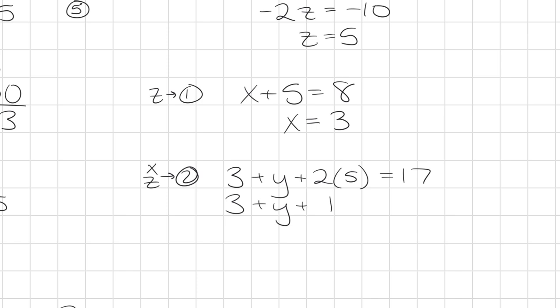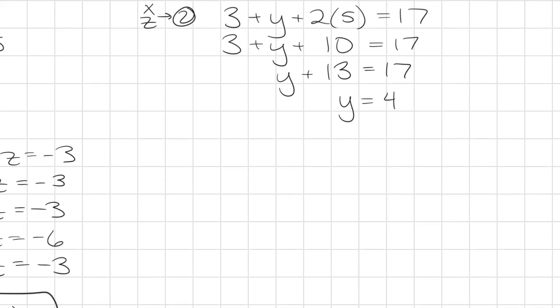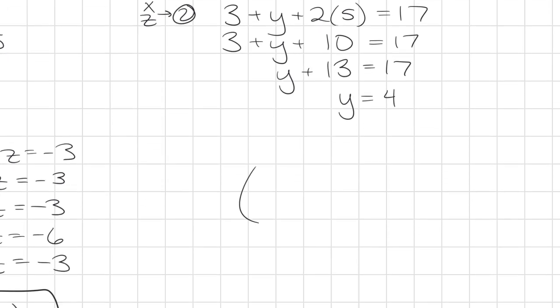That's 3 plus y plus 10 equal to 17, or y plus 13 equal to 17. So what is y equal to? 4. Which means we found the ordered triple that solves this system, and that ordered triple is 3, 4, 5.